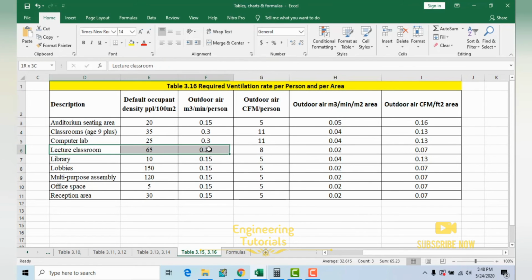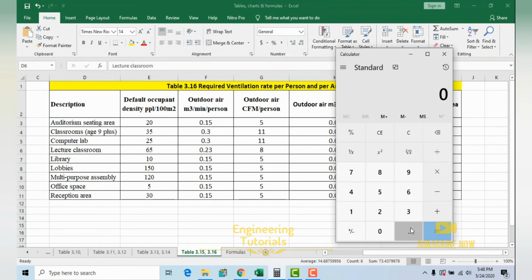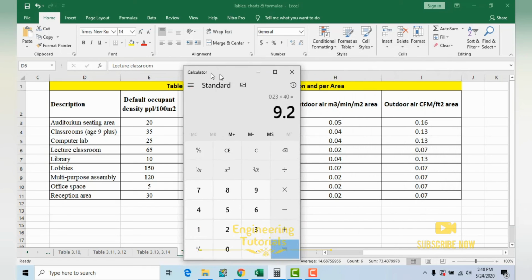Since we have a lecture room, we are going to use this row. Outdoor air is 0.23 cubic meter per minute per person, and we have 40 people, so it is 9.2 cubic meter per minute due to the number of people.